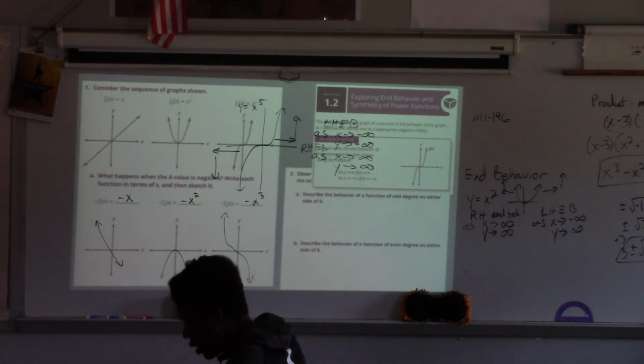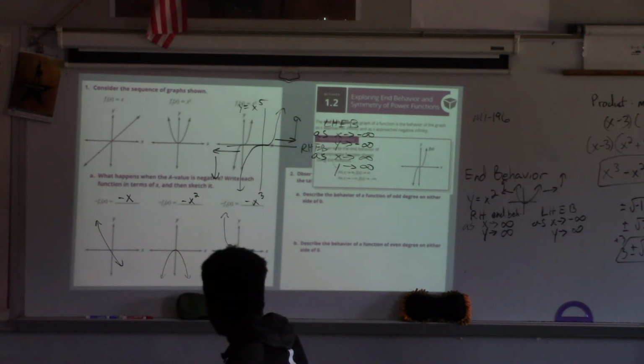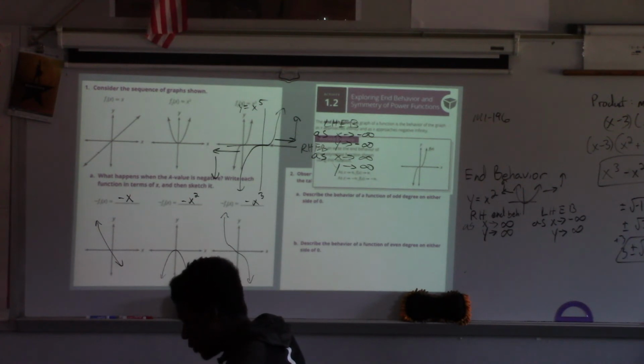So remember, they have a worked example here. It says end behavior, but what I want to know are two things. I want to know the left-hand end behavior, right? So if I look to the left, what is my x going to go towards?